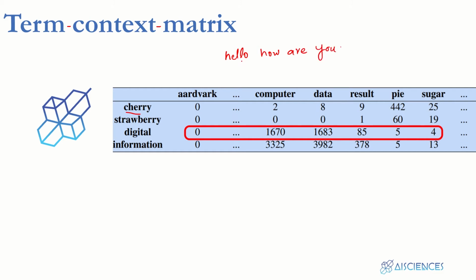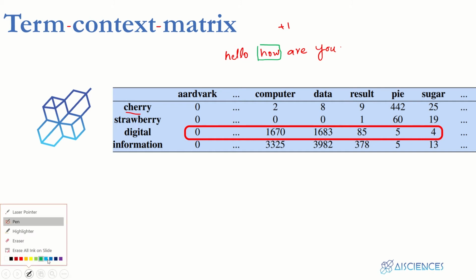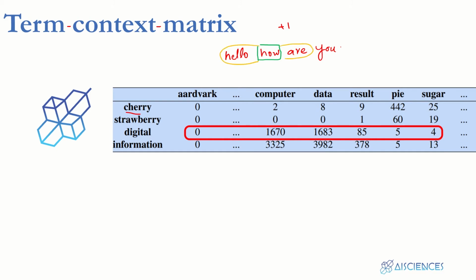So I can define, for example, the context as a plus or minus one window. In this particular case, if my word is how, then its context is the plus or minus one words around it. So this is the context of the word how.